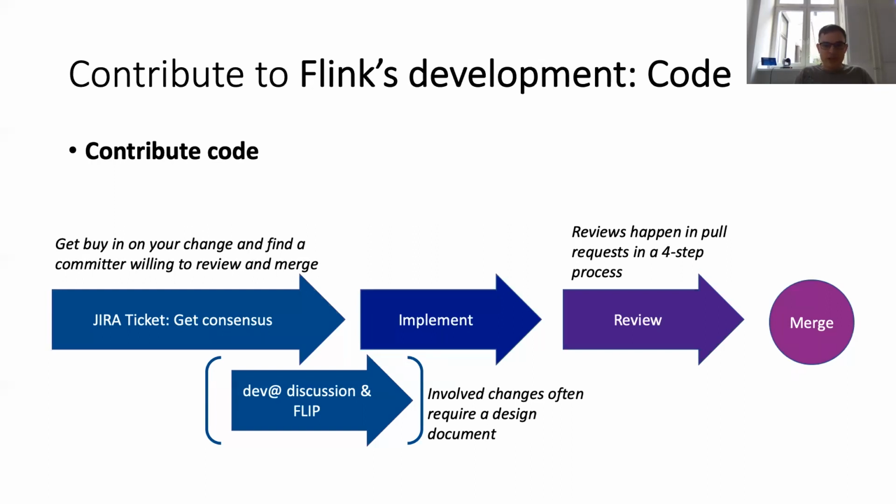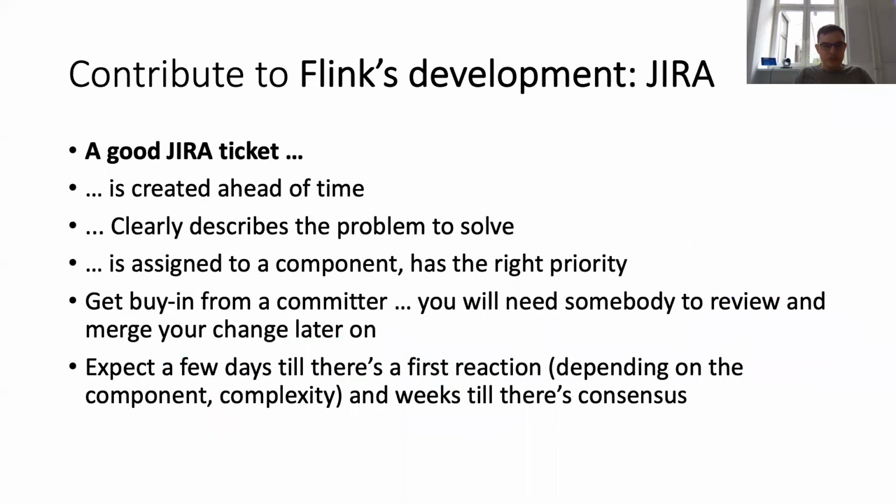When opening a Jira ticket with Flink, there are a few good best practices, and everything I'm talking about here is documented on the Flink website. But just as a reminder, a good Jira ticket is created ahead of time, as I said. So opening a pull request without a Jira ticket will most likely just be closed because it hasn't been discussed and doesn't have a ticket.